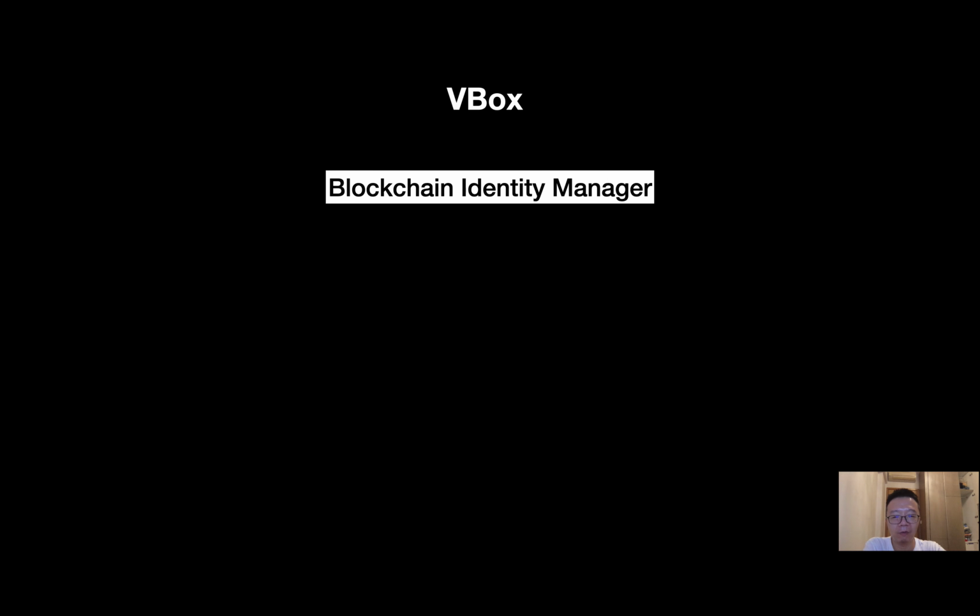We believe we have to use the blockchain to save our identities instead of saving identities with a lot of companies, to protect users' privacy and also give users total control. VBox is created to allow people to create an unlimited amount of blockchain identities and use those identities in payments, in logins, or in other places.